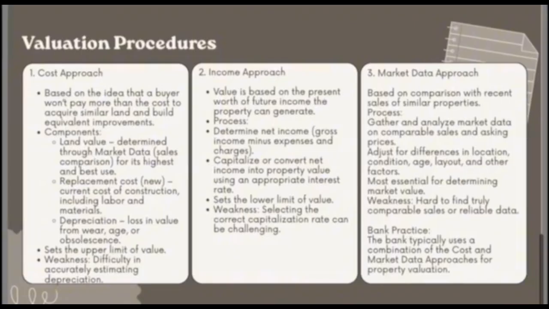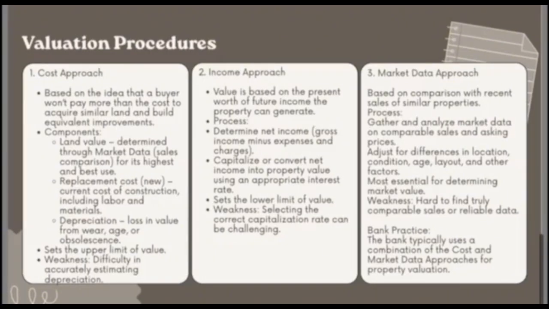The depreciated cost is 500,000 minus 50,000 equals 450,000. The property value is 100,000 plus 450,000, which is 550,000. In this example, the estimated value of the property using the cost approach is 550,000.